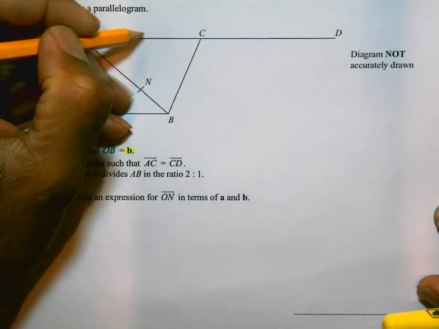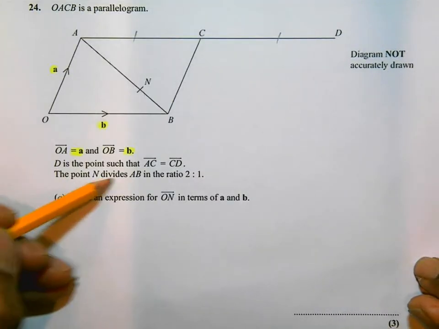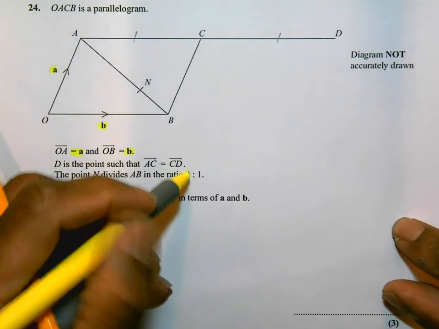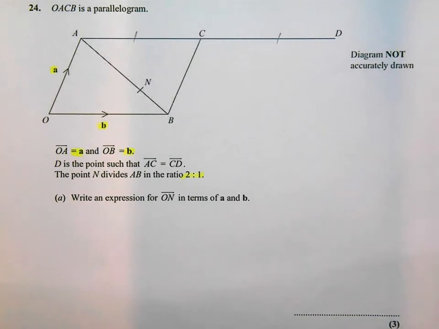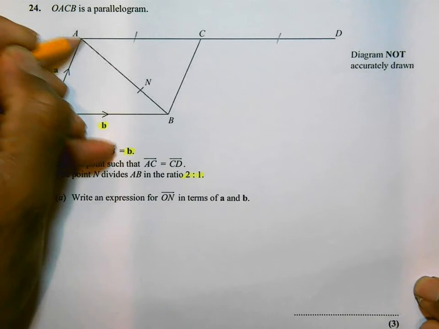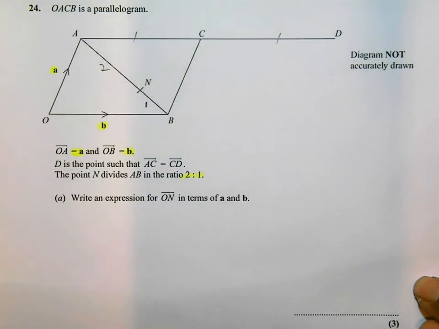I'm just going to put a line here to tell me that those two are equal. The point N divides AB in the ratio 2 to 1. So N splits AB in the ratio 2 to 1. So that means this length AN is twice this length here, NB. Right, so that's the ratio 2 to 1.